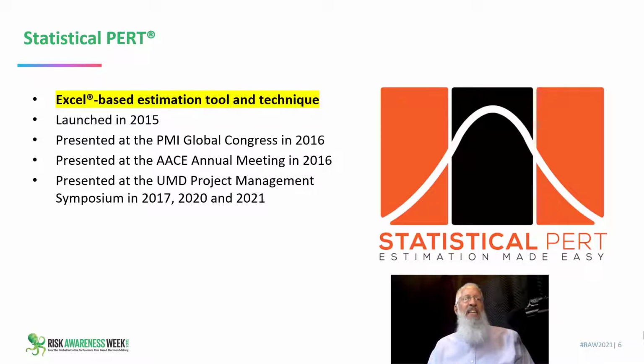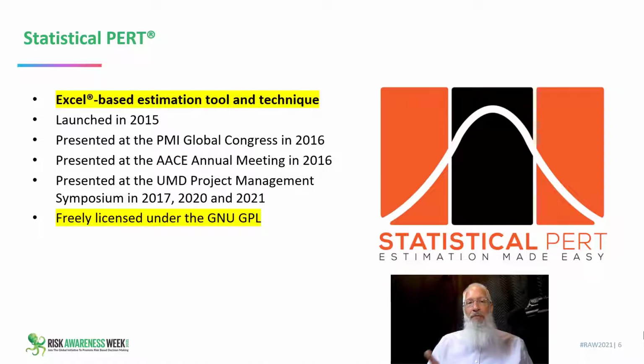Statistical Pert is an Excel-based estimation tool and technique. At the end of the day, all it is a pre-built Excel spreadsheet. I created it in 2014, launched it in 2015, and then began doing some presentations on it, including the PMI Global Congress in 2016. What's important for you to know is it is a freely licensed spreadsheet under the GNU General Public License.